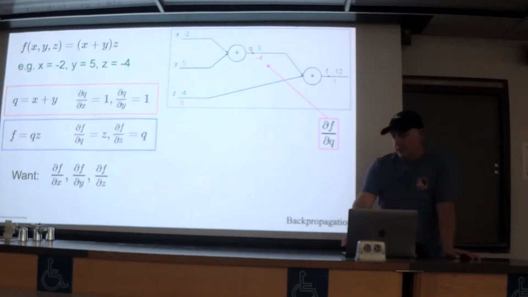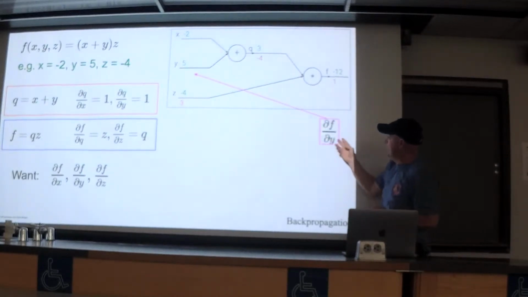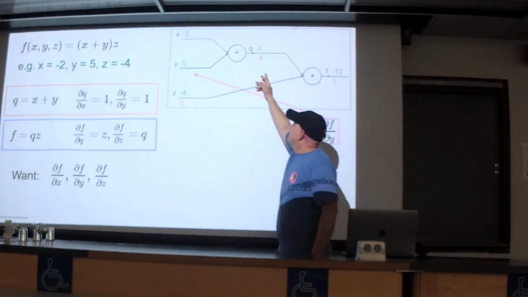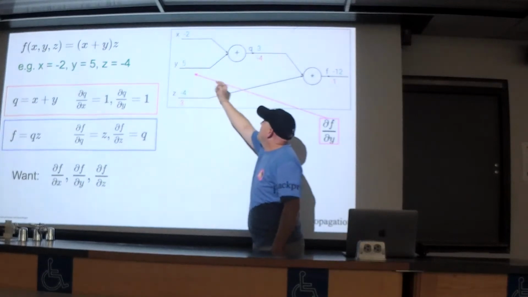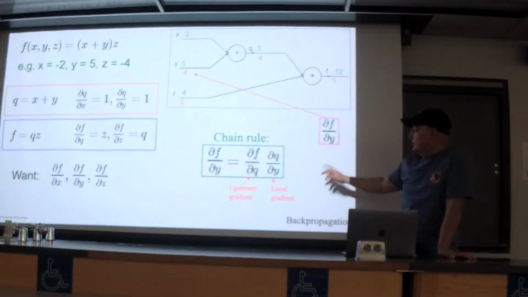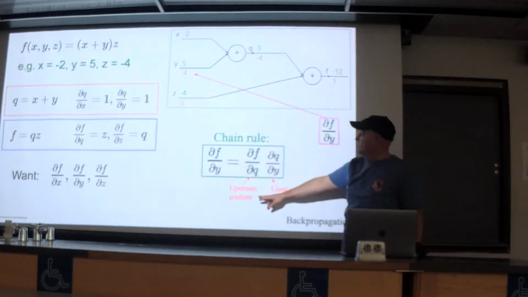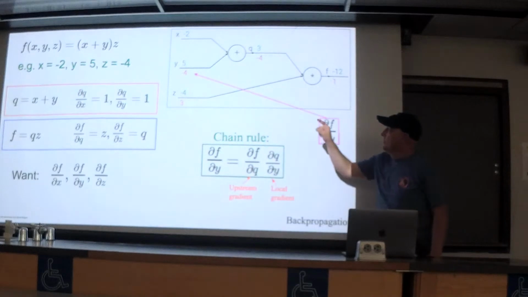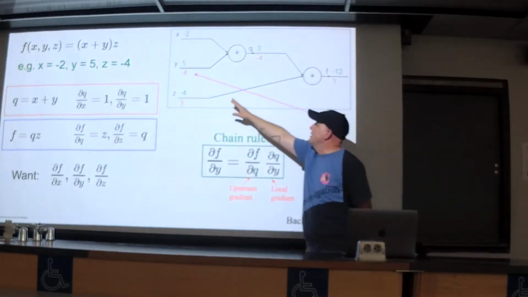And now we work back through. We want to calculate this, right? This is one of the things we want to calculate. So to do that, we use our product rule. We've got f with respect to q, and now we need q with respect to y. And we've calculated that before. So this is again the chain rule: we have the upstream gradient multiplied by the downstream gradient. Now, the partial of q with respect to y was 1.